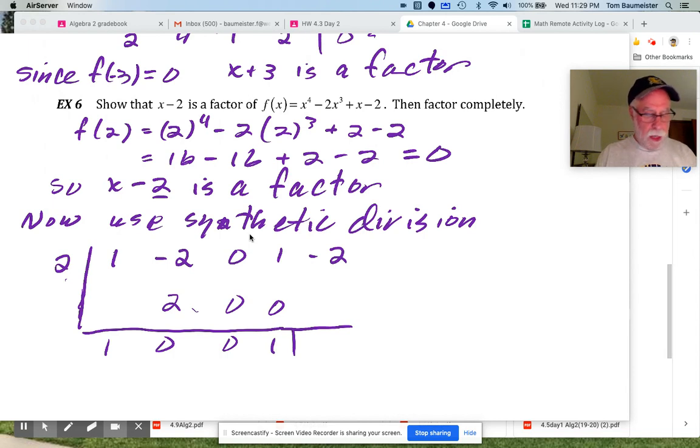All right. And then I have 2 times 1, which is 2. And then I have a 0 there. So now remember, this is my remainder. So now it is 0.